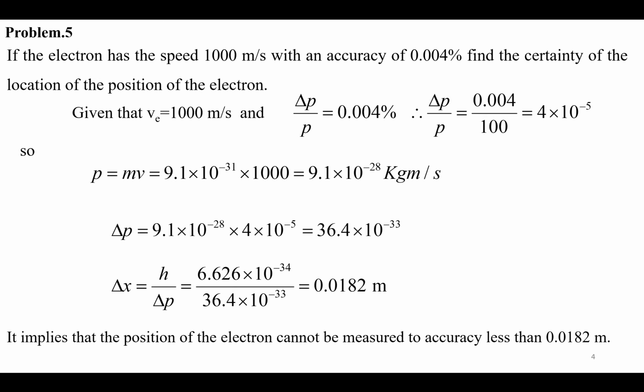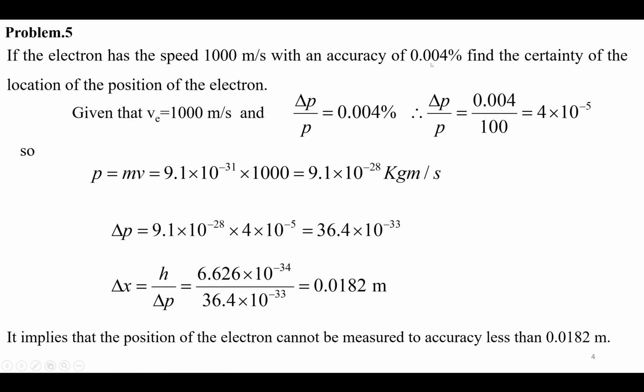It is given that the velocity of the electron is 1000 meter per second, and of course with an accuracy. So this is given as the speed, del V by V. I repeat, it's given as with an accuracy of 0.004%.